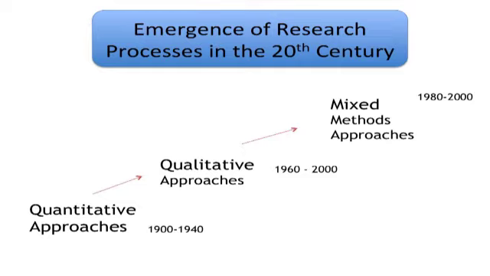And then throughout the middle part of the 20th century, qualitative research emerged and became popular across the social sciences. And now more recently, in the last 25 years, we have mixed methods research that really bridges both quantitative and qualitative.